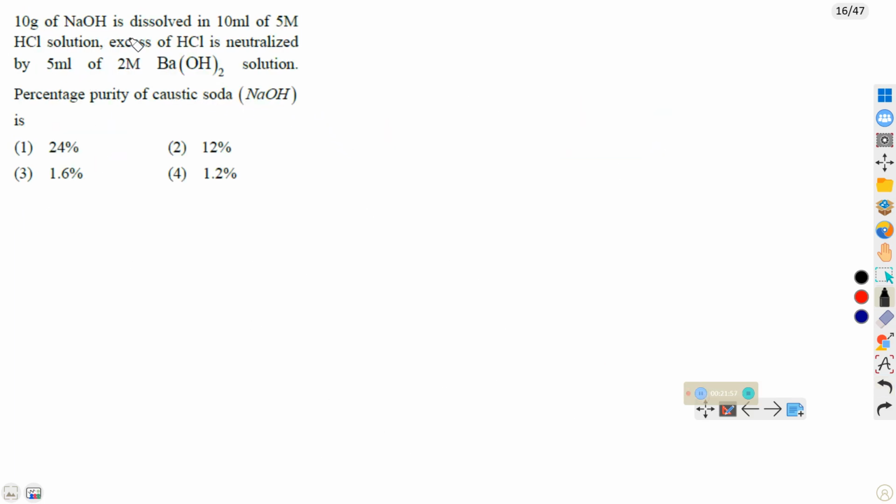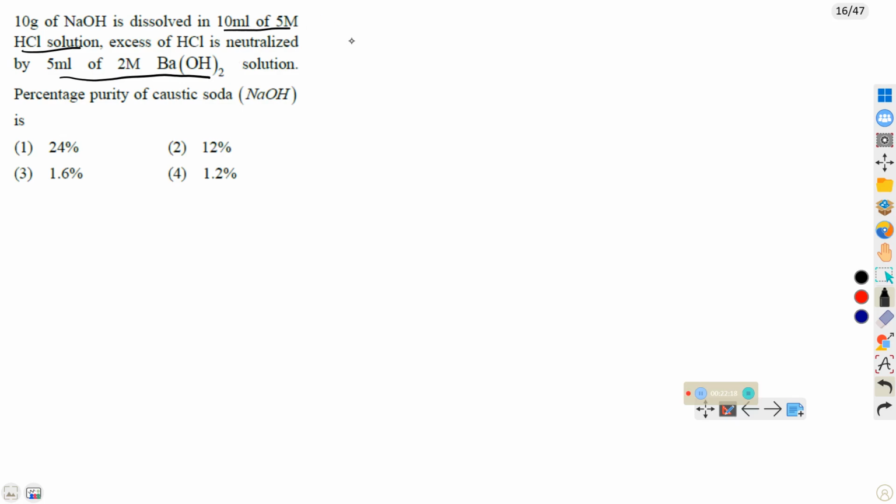10 grams of NaOH dissolved in 10 ml of 5 molar HCl. Excess of HCl is neutralized by 5 ml of 2 molar Ba(OH)2 solution. Percentage purity of caustic soda?